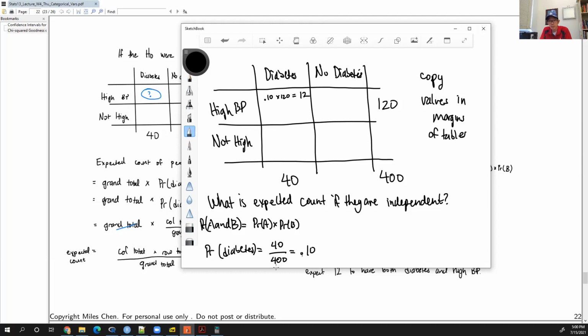Another way we can think of this is to say the probability of diabetes is 40 out of 400, or 10%, and the probability of having high blood pressure is 120 out of 400, or 30%. So the probability of having both, if I do 0.1 times 0.3, we would expect around 3% total.